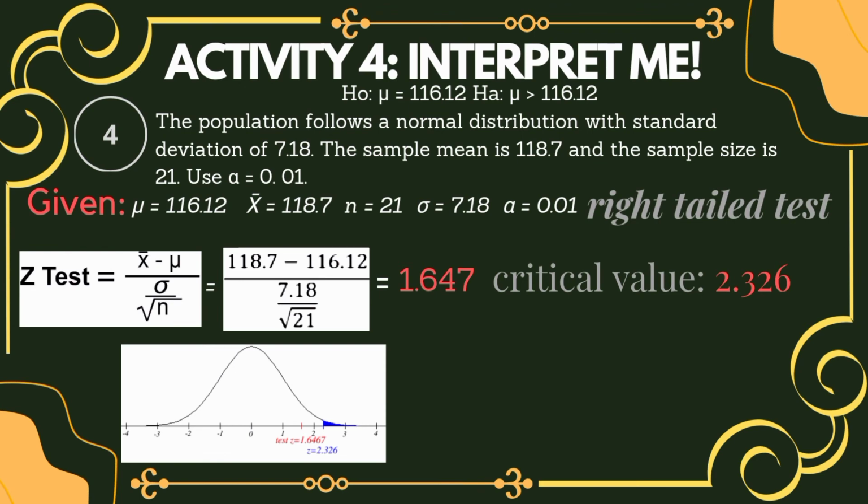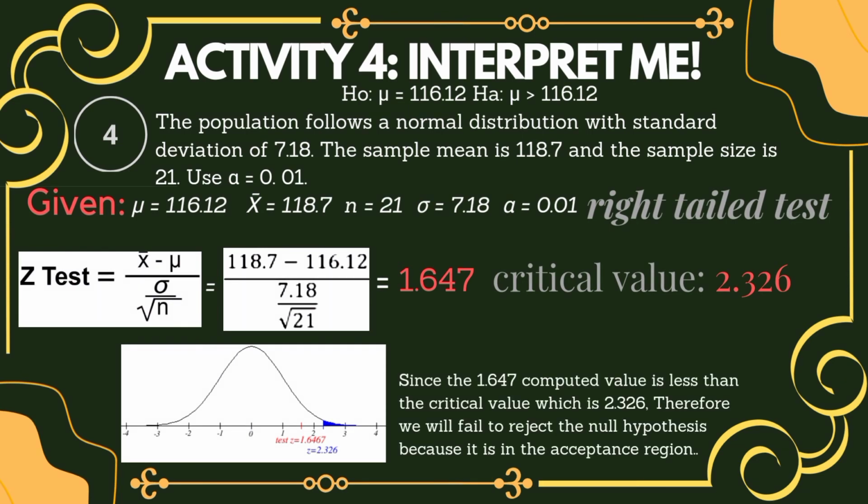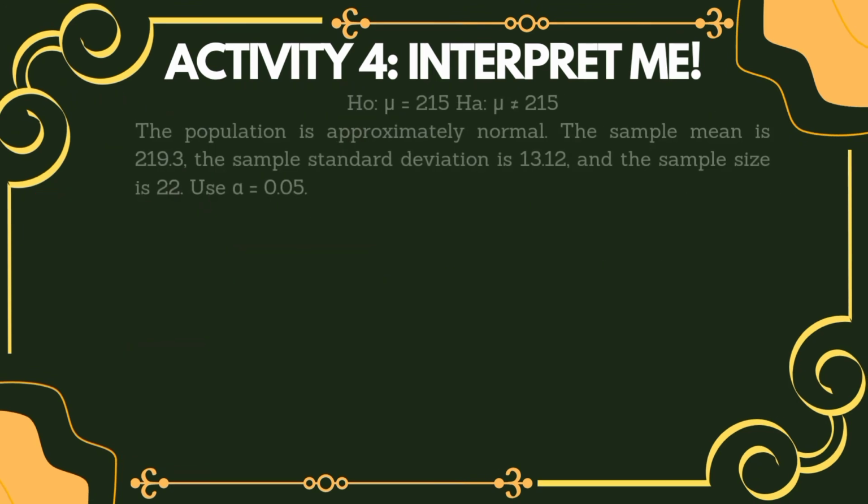If we graph it, we can conclude now that since the 1.647 computed value is less than the critical value, which is 2.326, therefore we will fail to reject the null hypothesis because it is in the acceptance region.